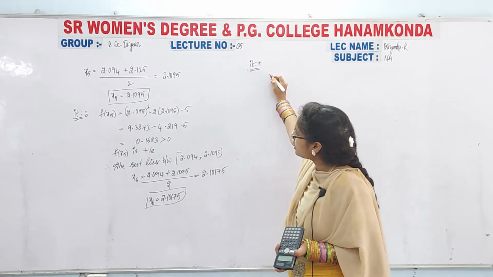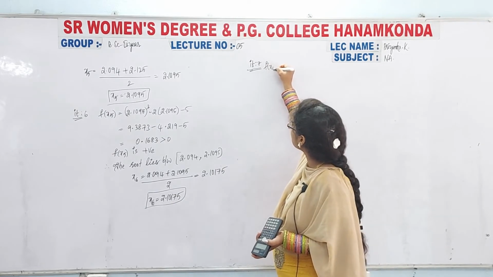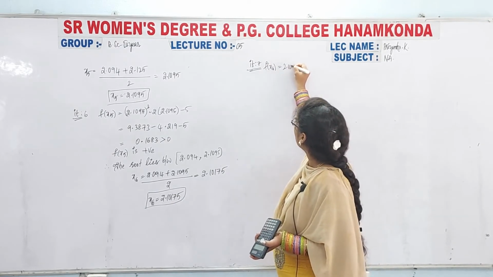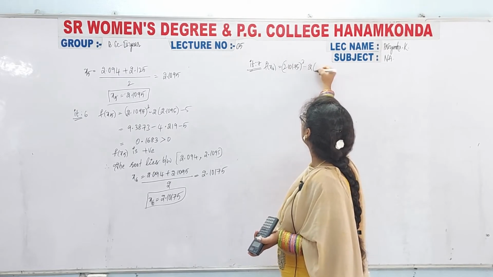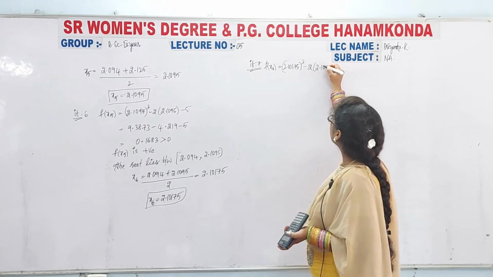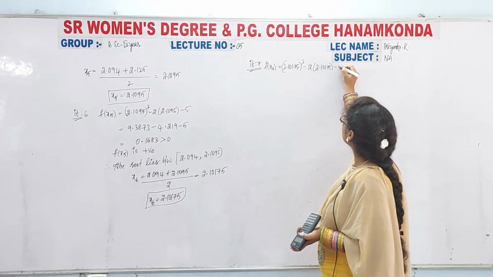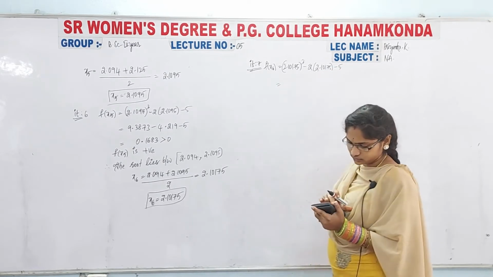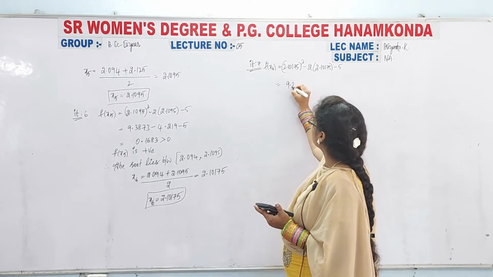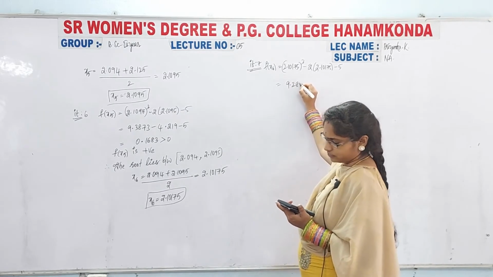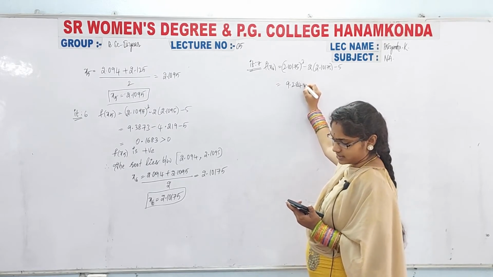So now here f of x6 equal to 2.10175 whole cube minus 2 into 2.10175 minus 5. Now whole cube is 9.28417.